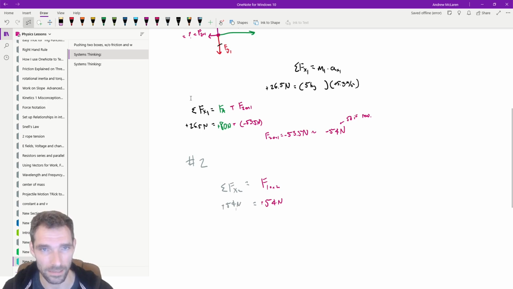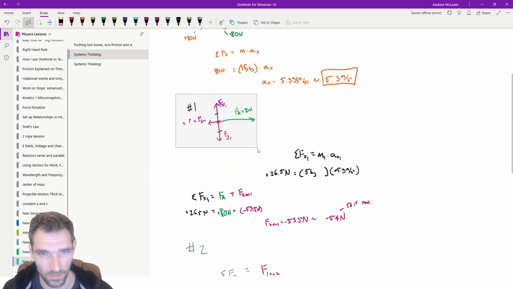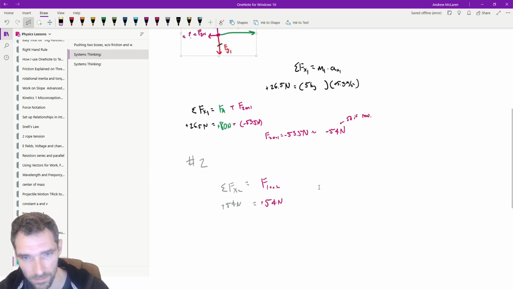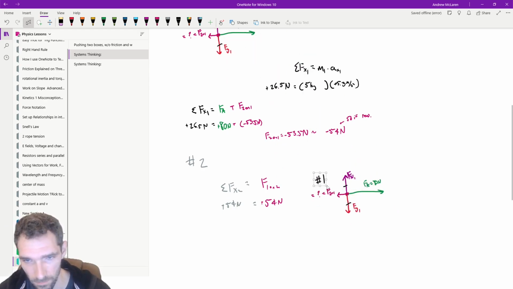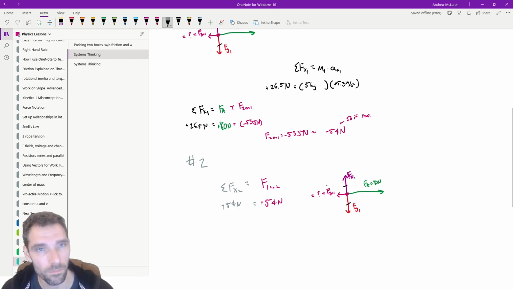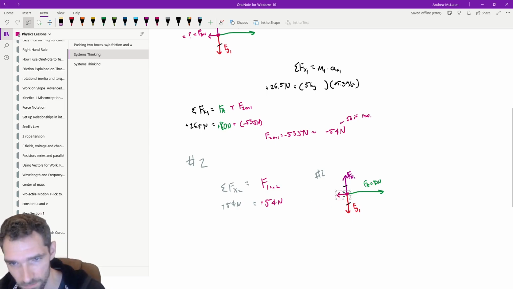We can look at the force diagram for number 2 as well in a similar regard. But now number 2 is just having this force being applied in the positive direction. There's no force friction.